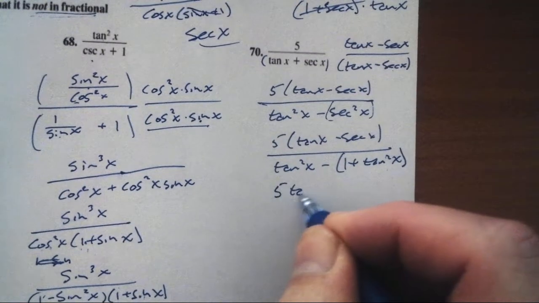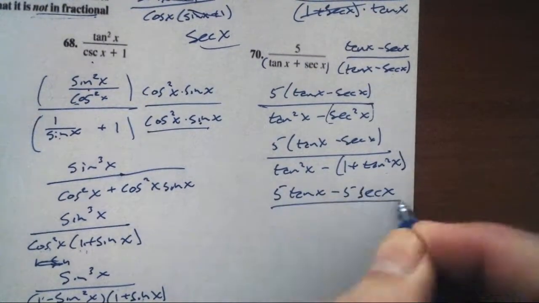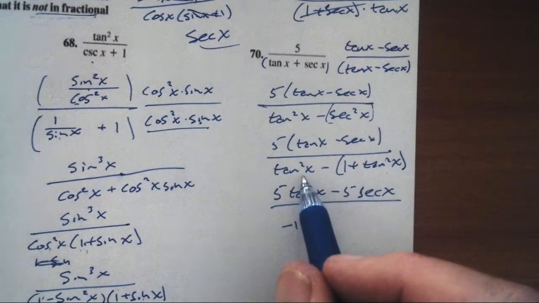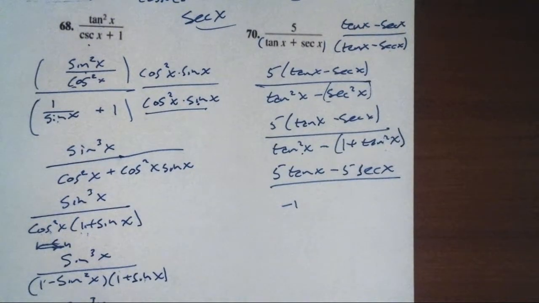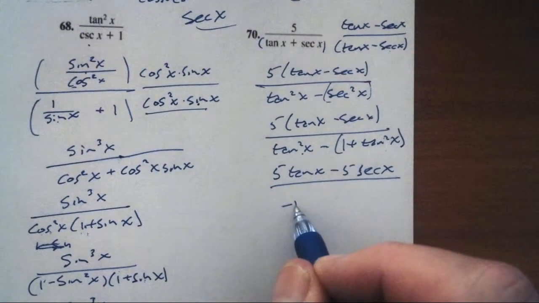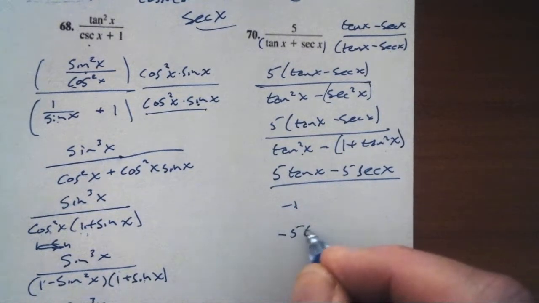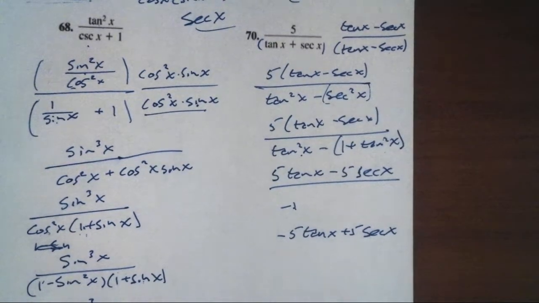So this becomes 5 tangent of x minus 5 secant of x all on, take a look at this, we're going to get a minus 1, with a tangent squared minus a tangent squared. So that's it. Then get rid of the minus 1, multiply top and bottom by minus 1, and I get minus 5 tangent of x plus 5 secant of x.